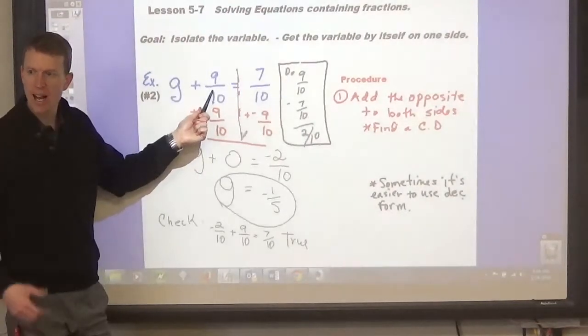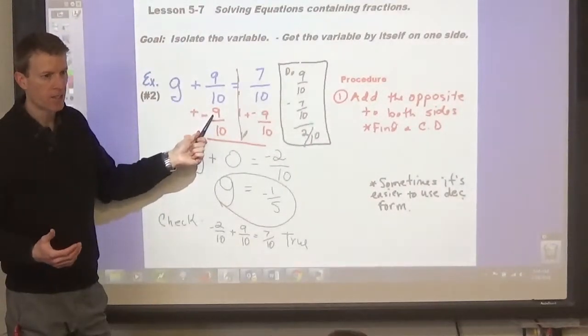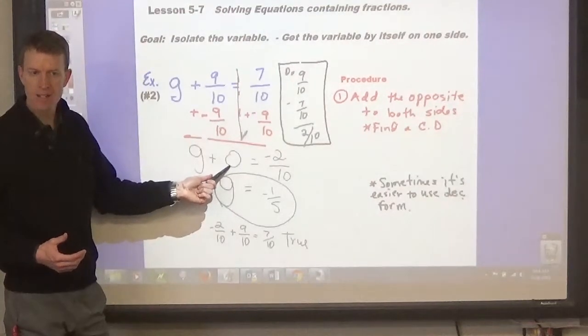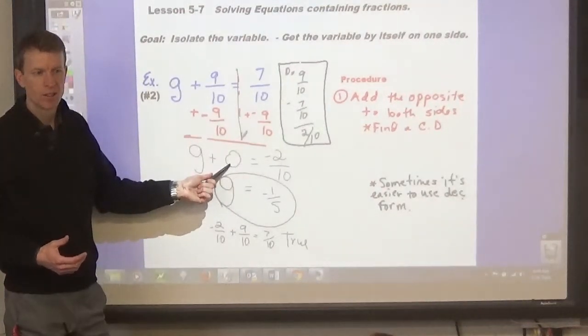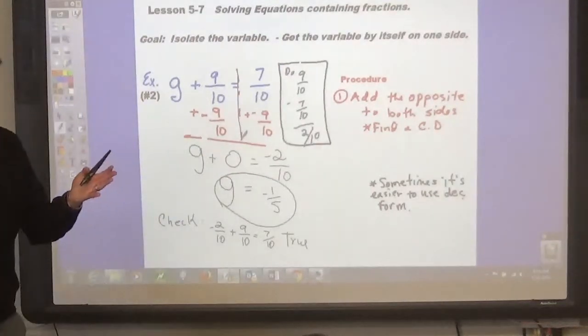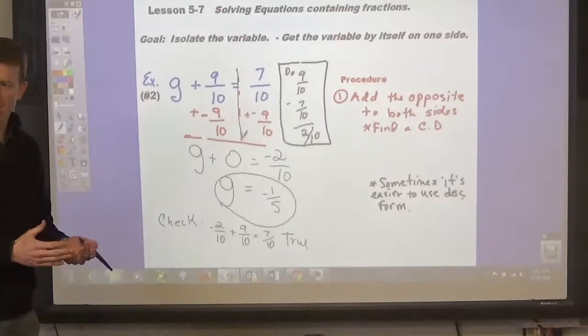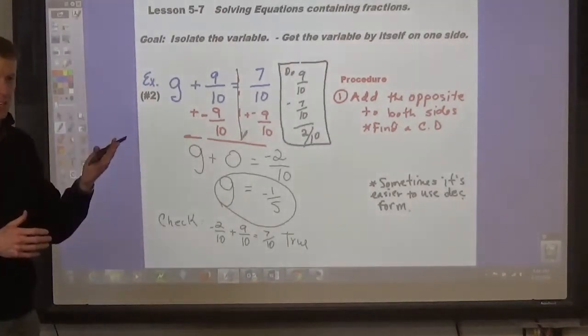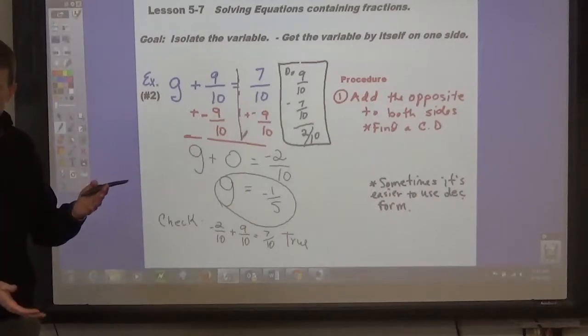You have to add the opposite of that, negative 9/10, to get 0. Does that make sense? You add the opposite of a number to get 0. So if the number is 1/2, you add negative 1/2. If it is 3/4, you add negative 3/4 to get 0.